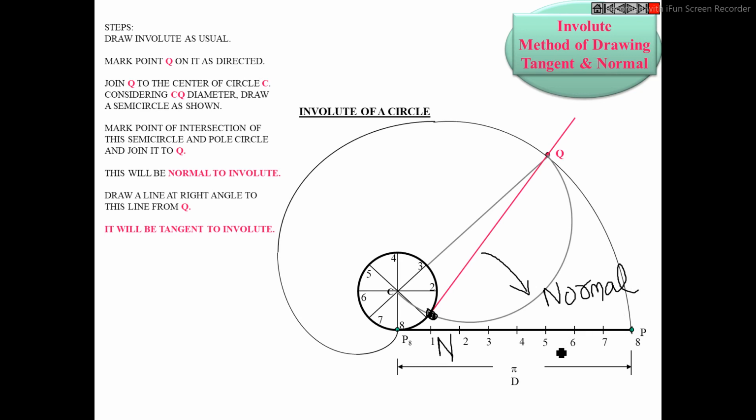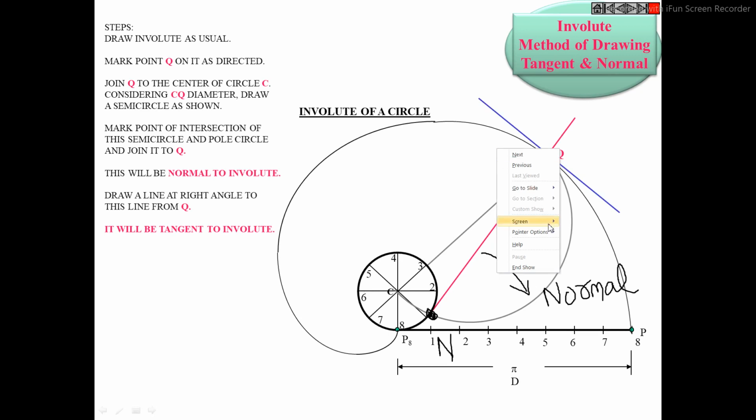And if you want to draw a tangent, you know that normal and tangent are perpendicular to each other. So what you do, you take your 360 degree protector, align your protector with the NQ line, place your protector at point Q, and from point Q draw a 90 degree line.